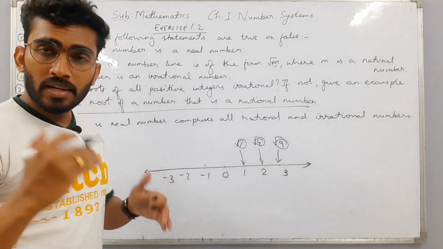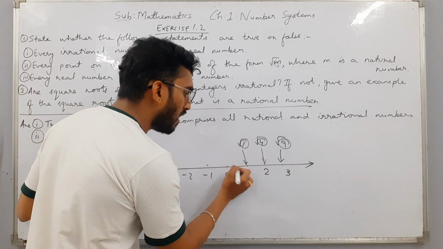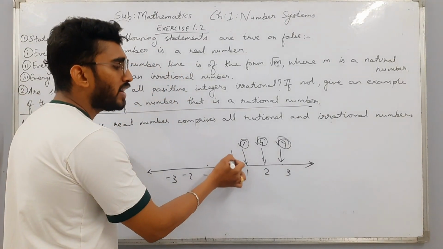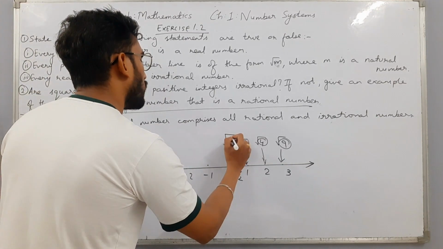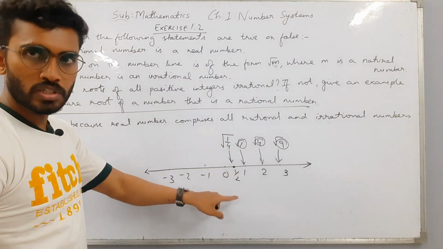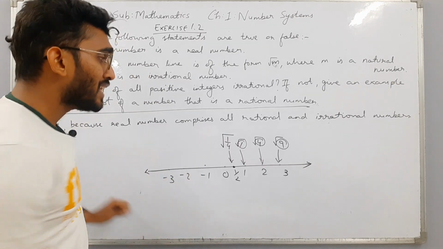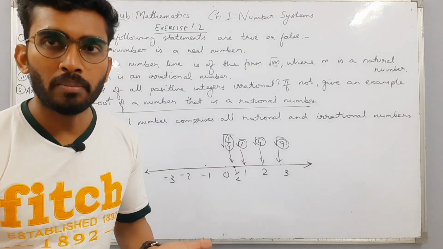But if I take the number 1 upon 2 on the number line, which means half, 0.5, and if I try to represent it in the form of root m, I can write it as root of 1 by 4. The square root of 1 is 1 and the square root of 4 is 2. So I can write root of 1 upon 4. But you can see that 1 upon 4 is not a natural number.